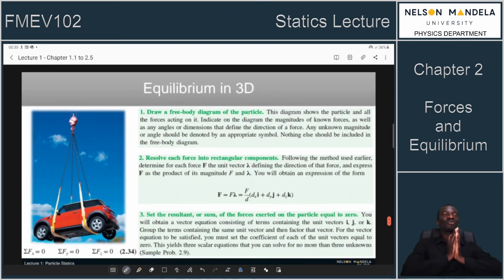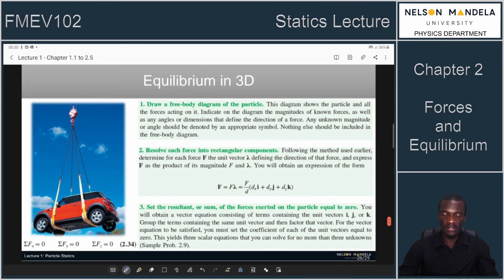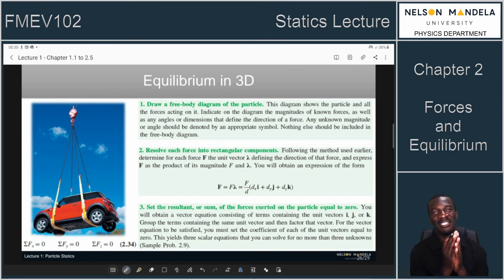Otherwise, this is actually what summarizes this lecture. These are the fundamentals. So equilibrium in 3D is now the very same thing that we were doing before. You are just resolving these vectors into their respective directions so that you can find the equilibrium condition.